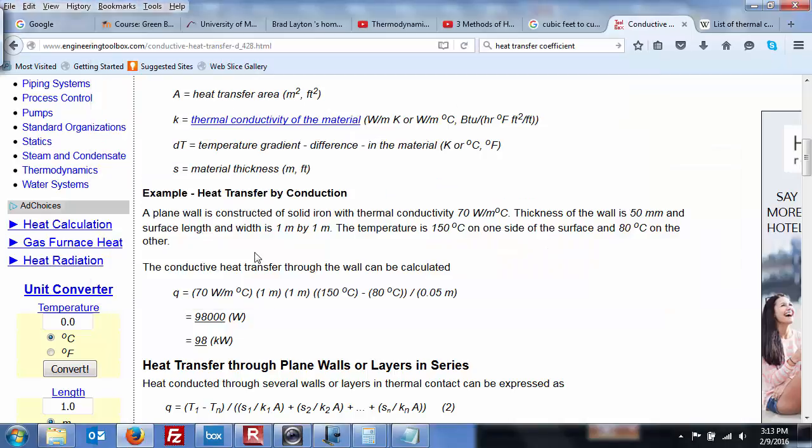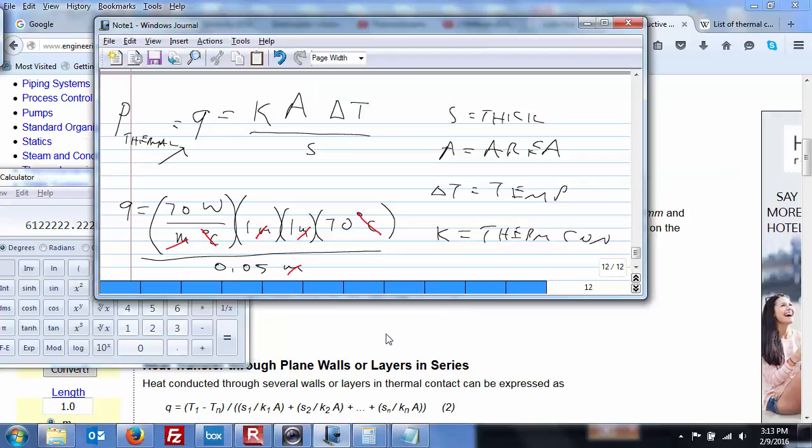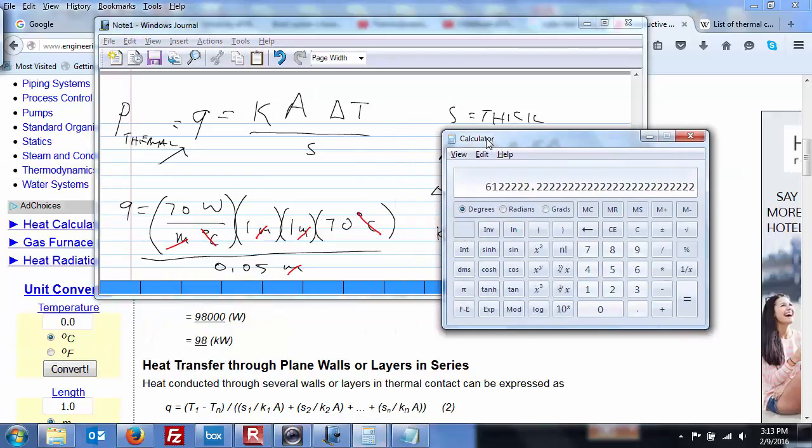Pull up my calculator. Double check what number I'm dealing with. So I've got 70 times 70 divided by 0.05 equals. So that's actually a lot of power.